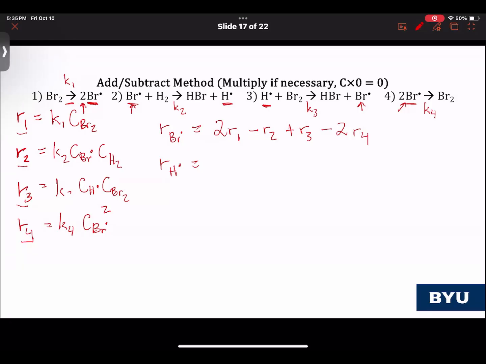Now let's do the hydrogen radical. One is being produced in reaction 2, so we're going to have plus R2 here. And then it's being consumed in R3, so we have minus R3 here.